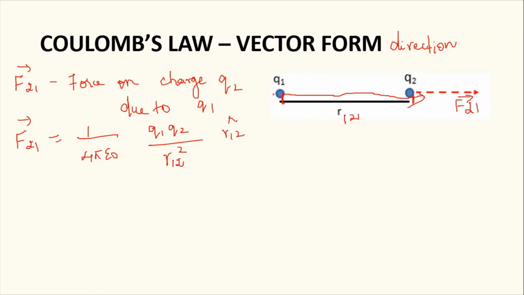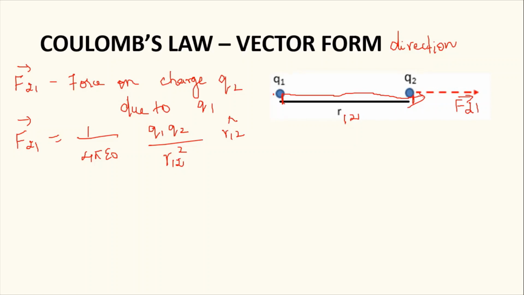R12 cap is the unit vector which represents the direction of the force from the charge that exerts the force. This is for the first part, the force exerted on charge Q2 due to charge Q1.